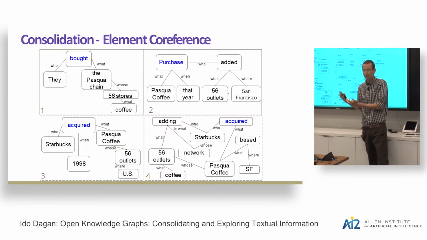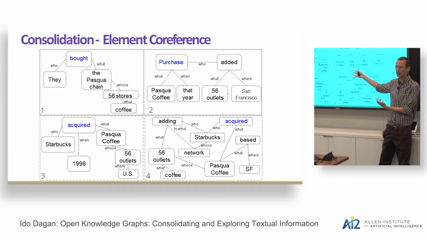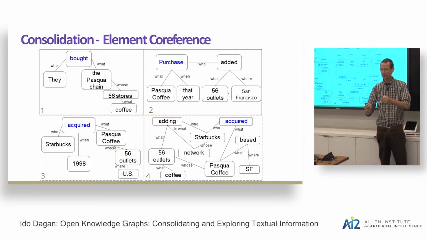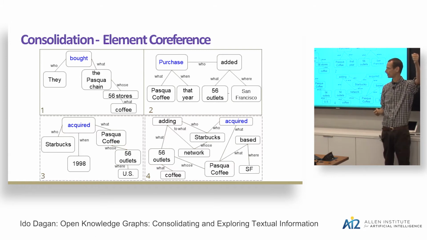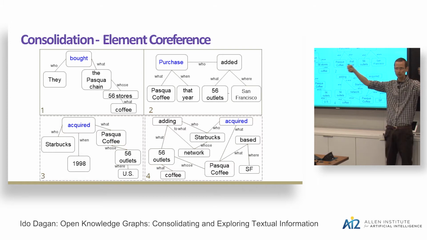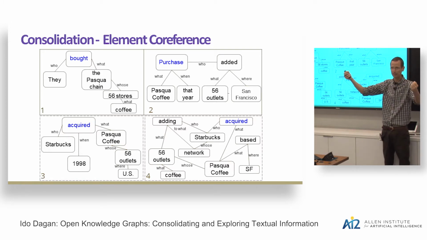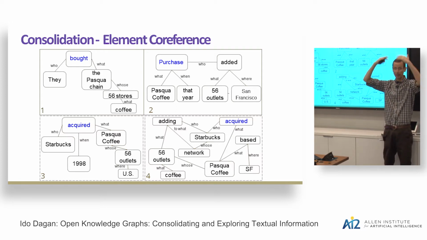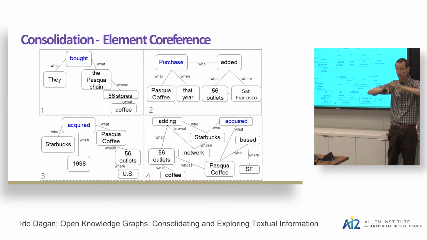The user of any kind of semantic application isn't really interested in how exactly the acquisition was phrased. They think of Starbucks as an entity in the world, of Pasqua as an entity in the world, and of the acquisition relationship as some event that related these two elements. So we'd somehow like to represent elements in the real world, but we would like to be tied just to the language level.